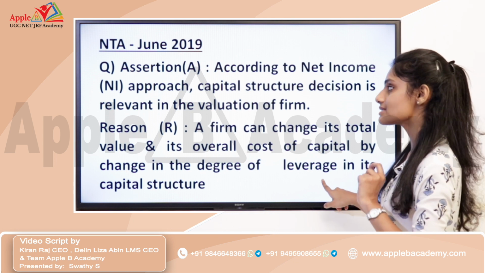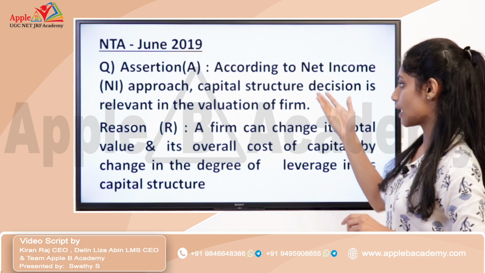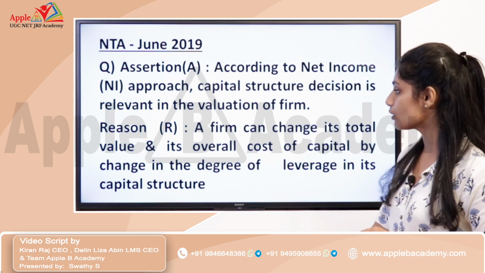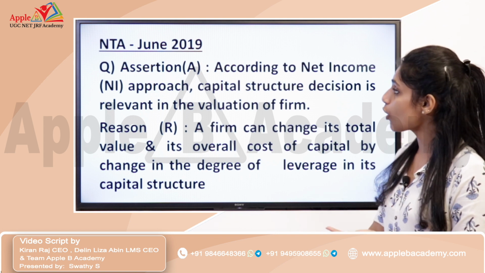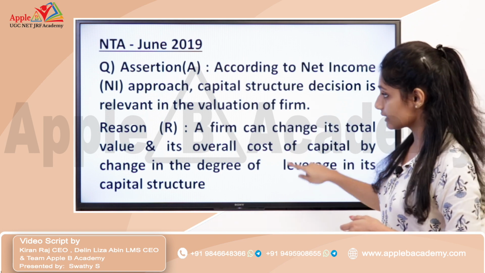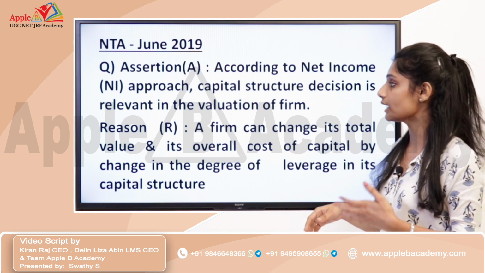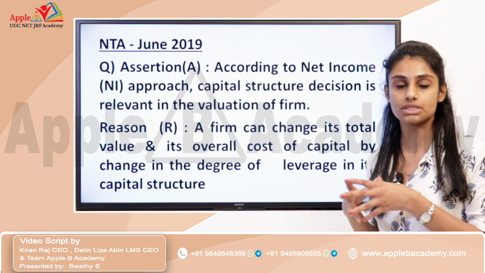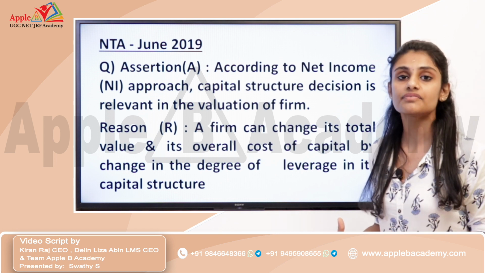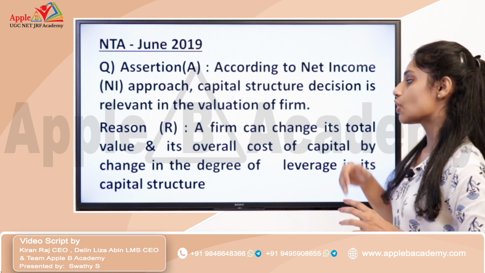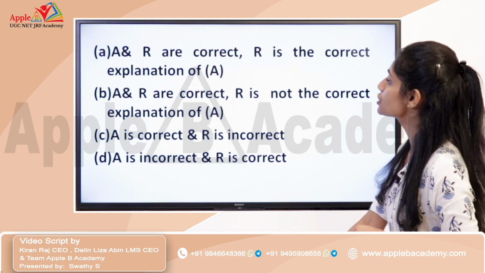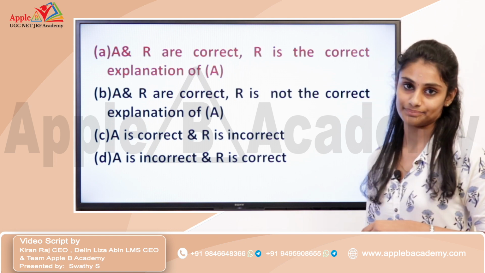This reason is supporting the assertion above. So both are correct, and R is supporting A. The assertion says the capital structure decision is relevant, and the reason explains why: if you make any change, it will surely affect the value of the firm and the cost of capital of the firm. So both A and R are correct, and R is the correct explanation of A. The correct answer is option A.